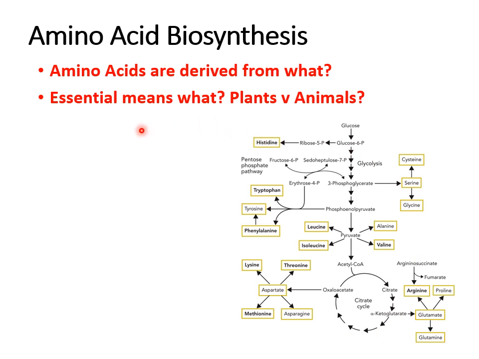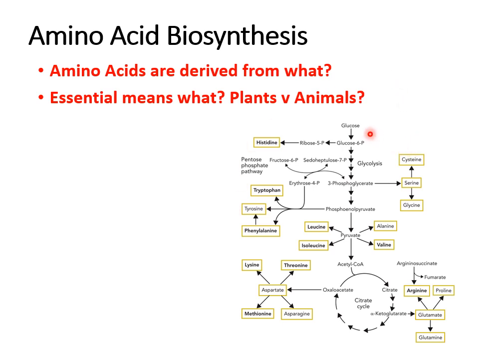And when we look at this, we're looking at amino acid biosynthesis and how they are derived from a lot of the different pathways that we've already talked about in this class. And so when you look at this slide, you see that amino acids are basically derived from 7 metabolic intermediates from 3 of the processes that we've already talked about.